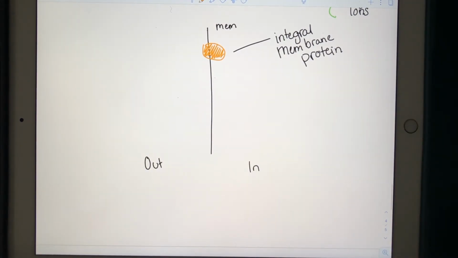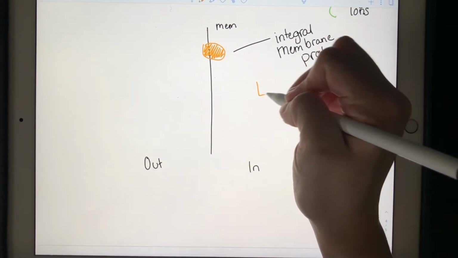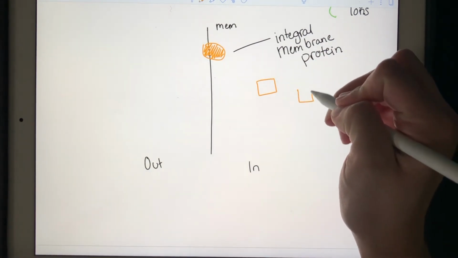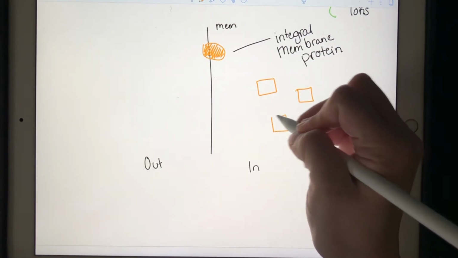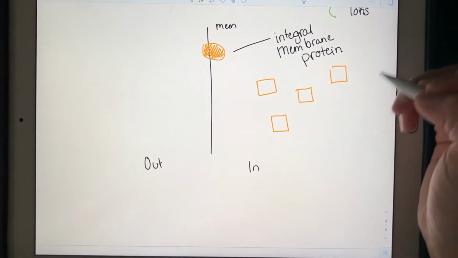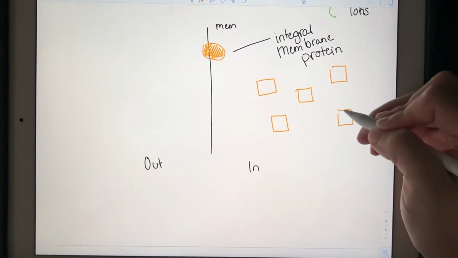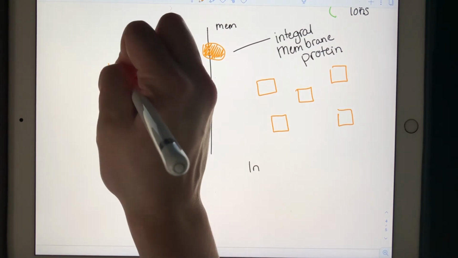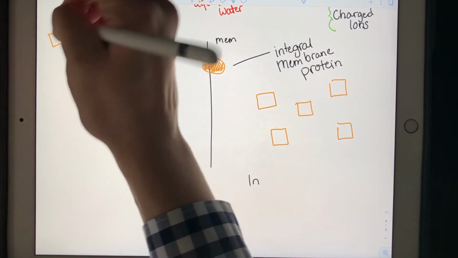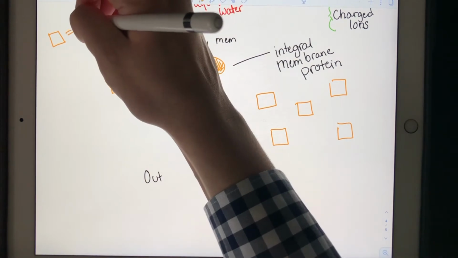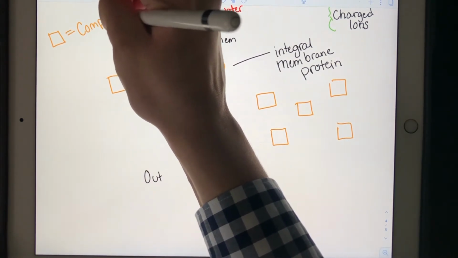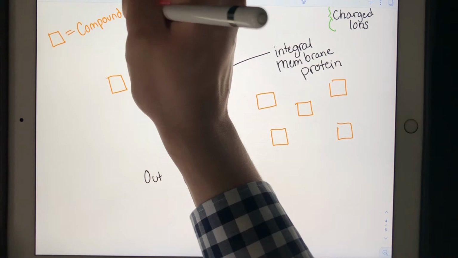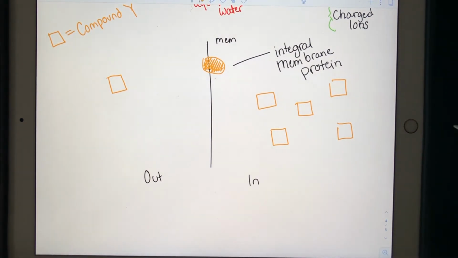And to remind us that we need a very specific protein channel for our specific type of compound that we're working with, I will do them in the same color. These are going to be little squares. I'm going to make our squares be compound Y. Our triangles, remember, were compound X. Our squares are going to be compound Y.